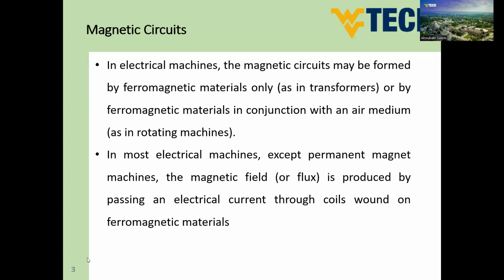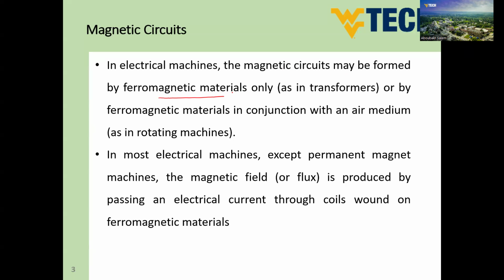So in electrical machines, the magnetic circuit may be formed by ferromagnetic material. The ferromagnetic material is the magnetic material that will allow the flux to move inside this material. We call it ferromagnetic material.